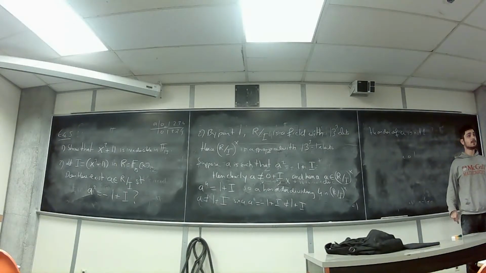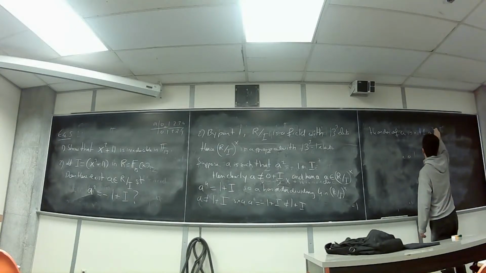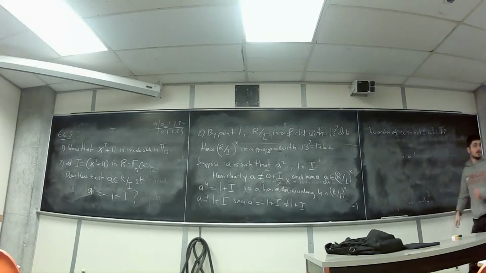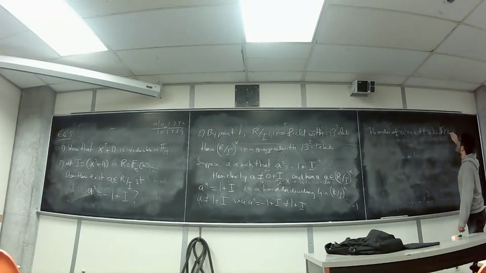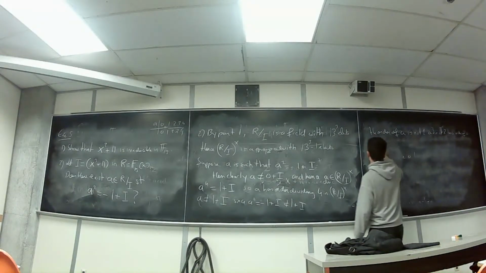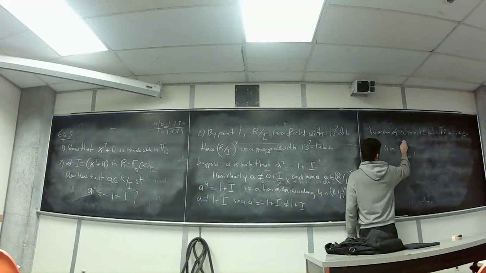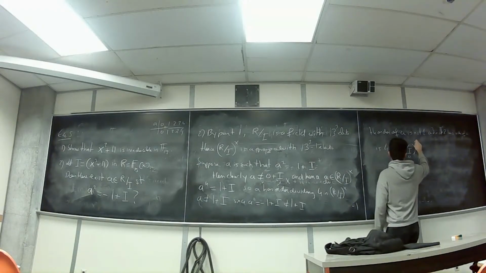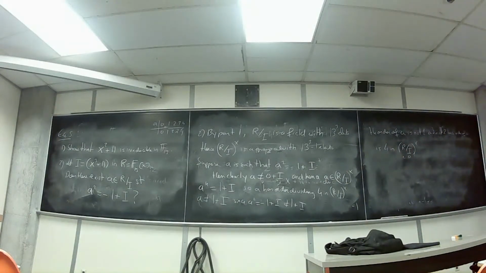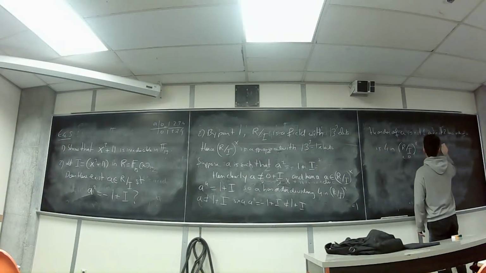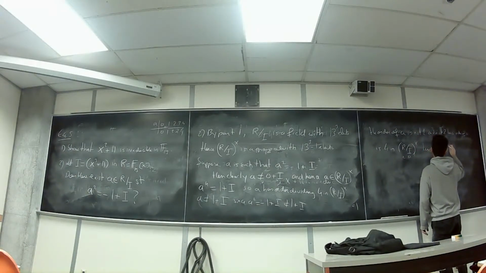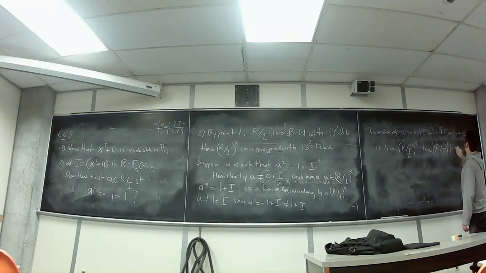Is A squared equal to 1? No. If it's order dividing 4 and it's neither 1 nor 2, it's 4. Hence the order of A is 4 in R mod I star, so the size of R mod I star is divisible by 4. If I have an element satisfying this, then the cardinality is divisible by 4.